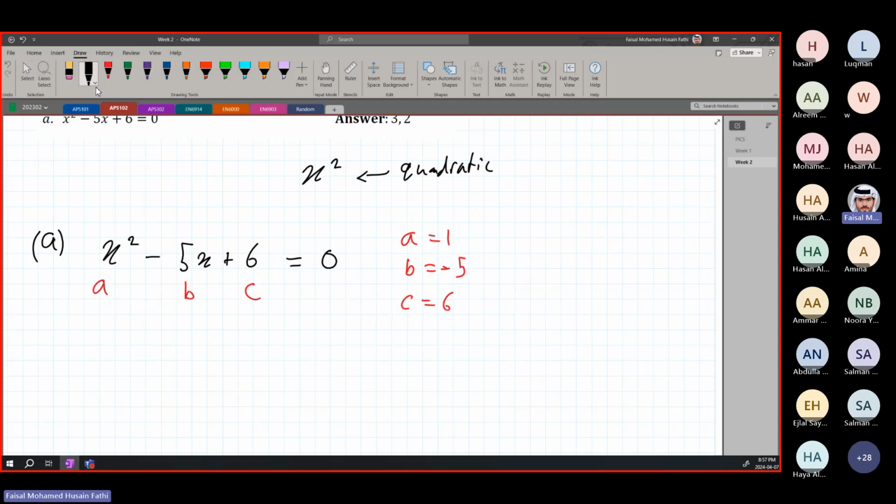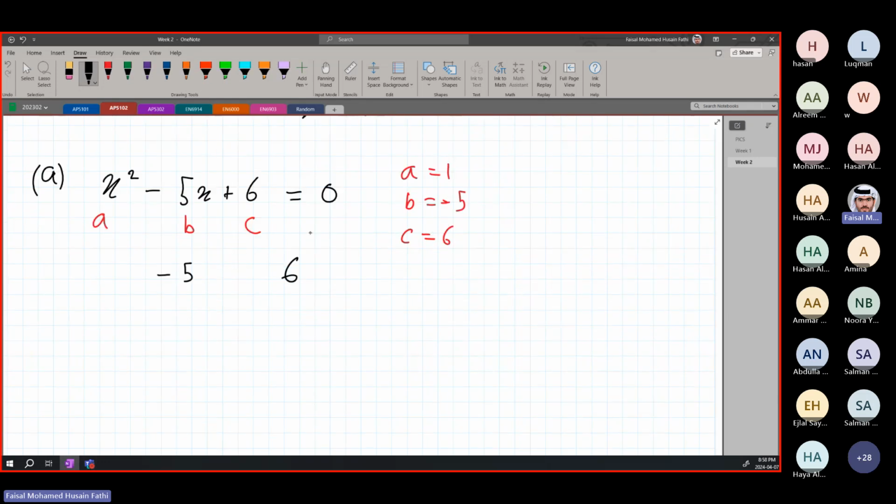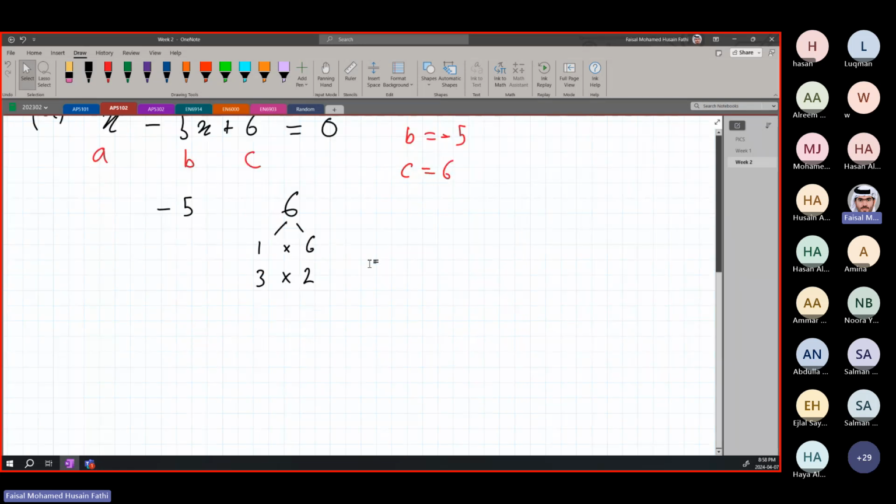So you will look at your C value, which is 6 in this case, and you will look at the minus 5 as well, which is your B value. But first, we will start with the 6. We're going to look at all the factors of 6. So we have 1 and 6, meaning 1 times 6 is equal to 6. And we have 3 times 2, which also gives 6. This is using the factorization method.